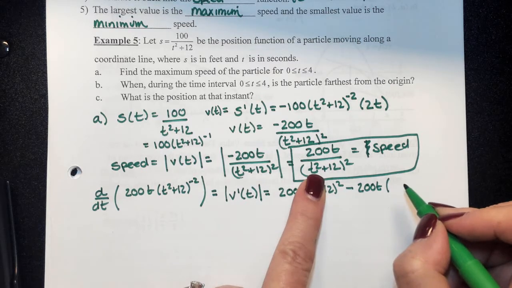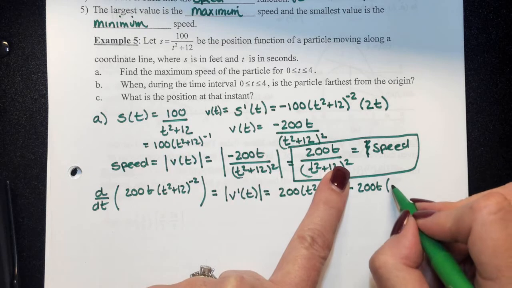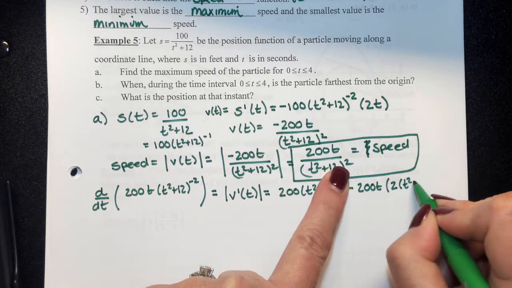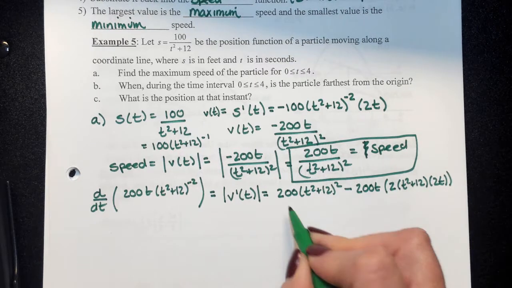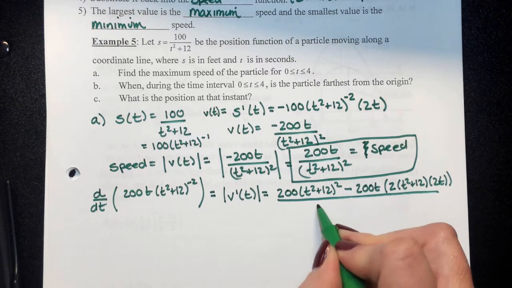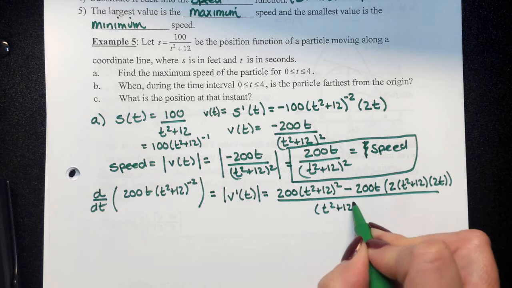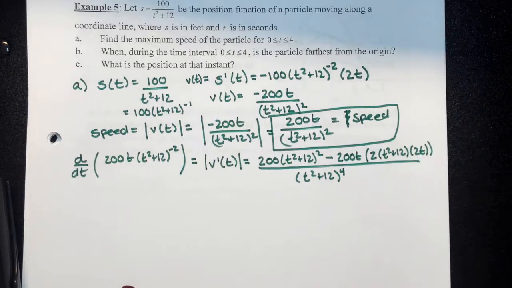So when I take the derivative of (t squared plus 12) squared, that's going to be 2 times (t squared plus 12) times 2t, all over the denominator squared. Isn't that a fun function? So any questions on how I did the quotient rule?